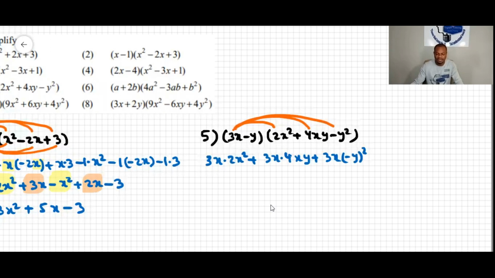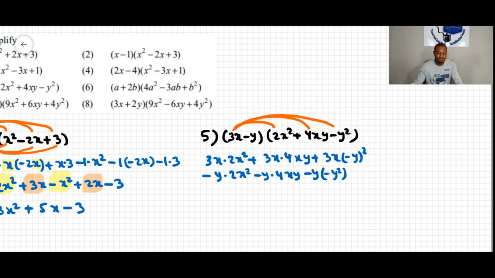So we have negative y times 2x squared, and then negative y times 4xy, and negative y times negative y squared.